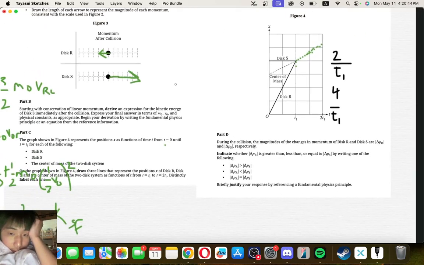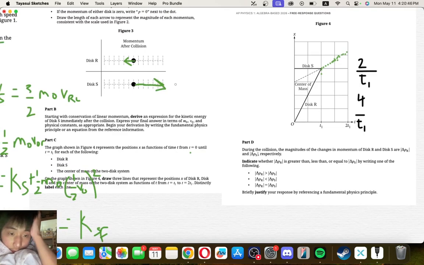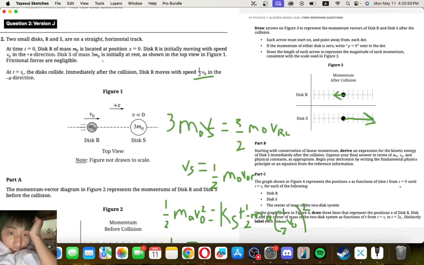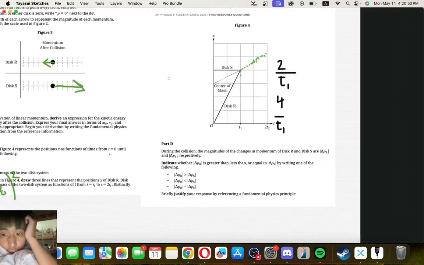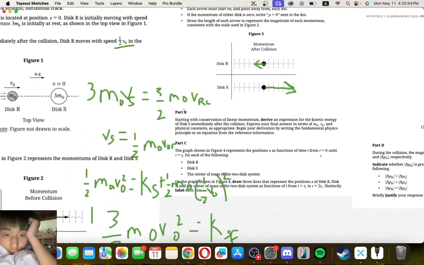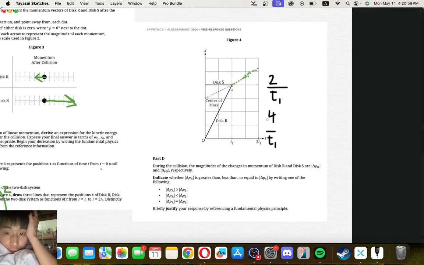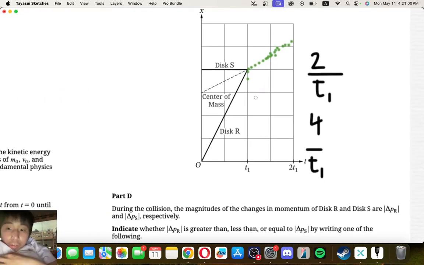So if initially the slope of the line was 4/T1 for MO, then the slope of this one has to be half, so I feel like the slope would just be half, yeah? So now, half of 4 is 2, so I would say that this is the line.